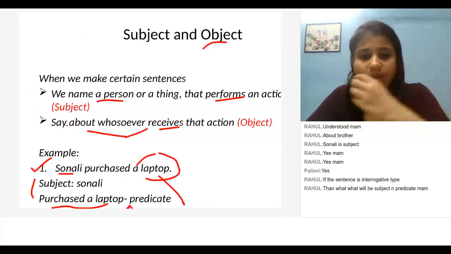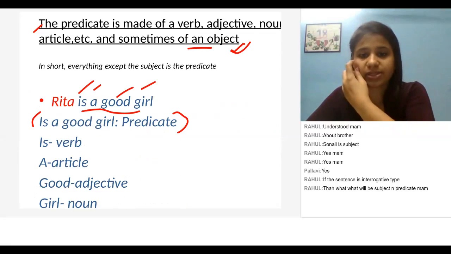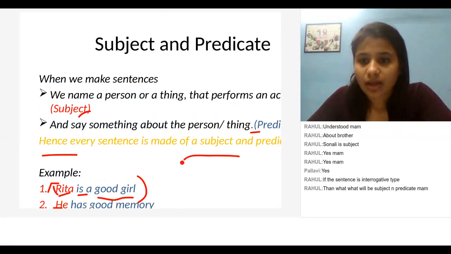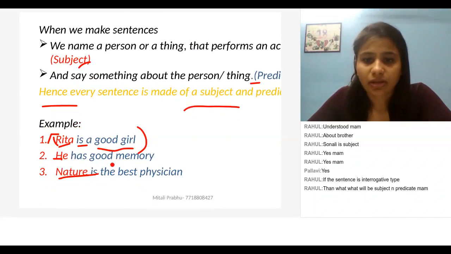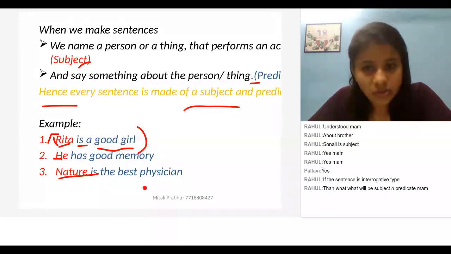In these sentences, what we studied earlier, he has good memory. Here there was no object. Here there was only subject and predicate. There was no other third person or second identity involved. Here it was just giving us plain information. Nature is the best physician. Here also again there is no other identity.